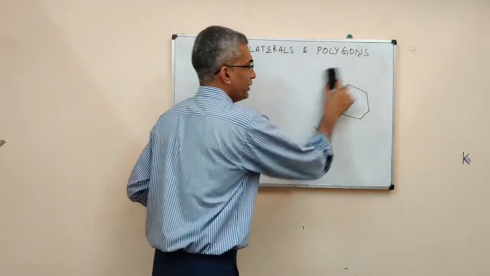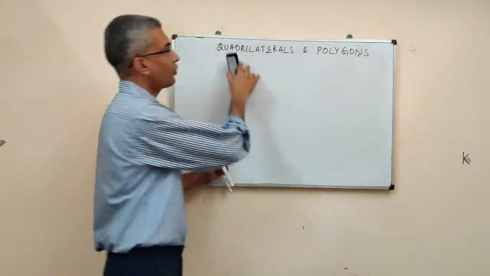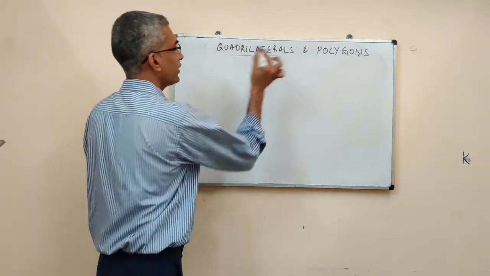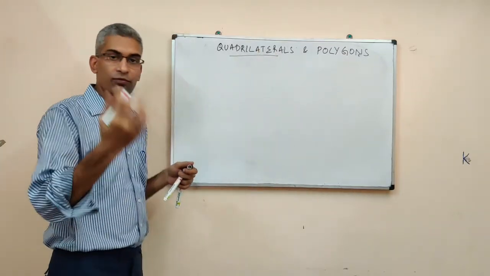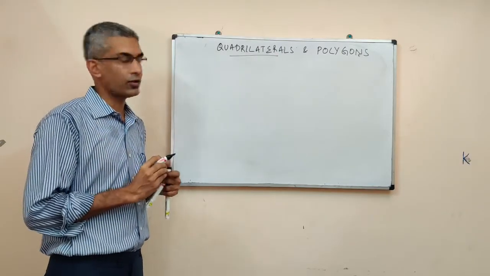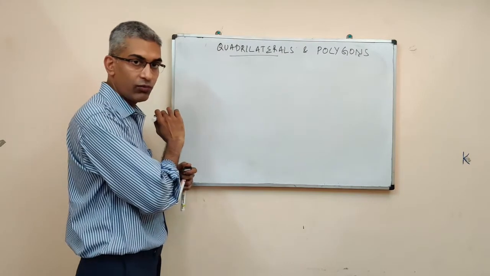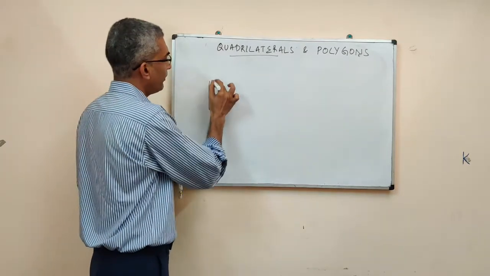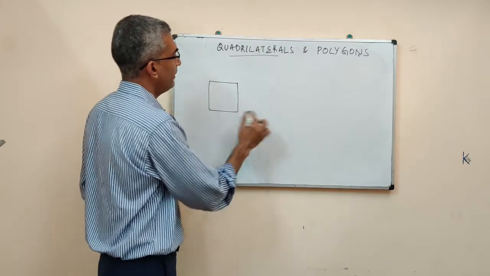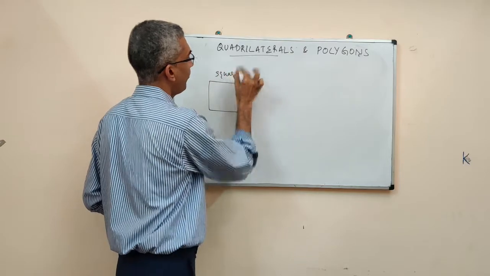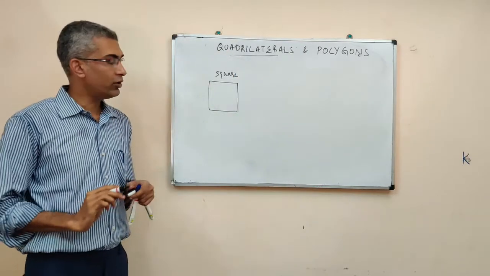Now let us focus our attention on a few quadrilaterals. As I said, a quadrilateral is a 4-sided figure. We have quite a few quadrilaterals which are very common, and those quadrilaterals come very often in aptitude test papers as part of questions. The most common quadrilateral that all of you are familiar with is the square. What is the peculiarity of a square?